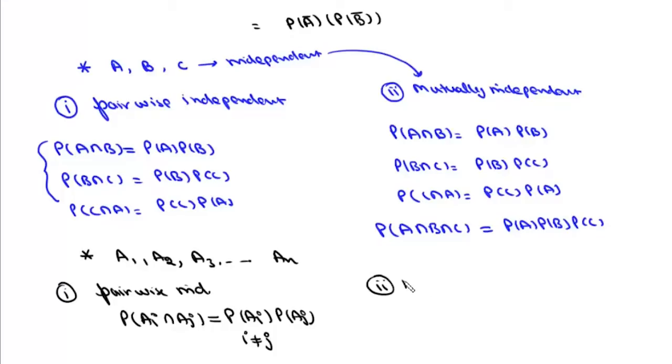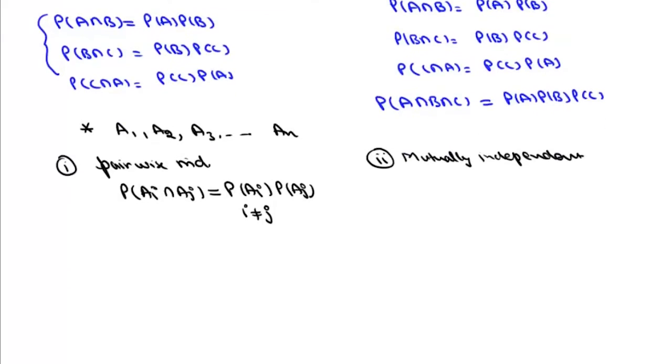And if they are mutually independent, then they are pairwise independent, that is P(Ai intersection Aj) is equal to P(Ai) into P(Aj), where i is unequal to j. Every combination of three events is also independent.